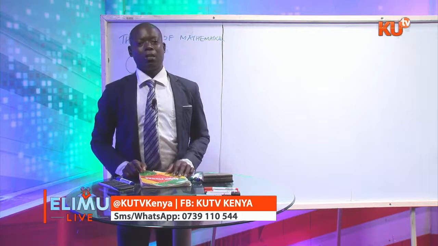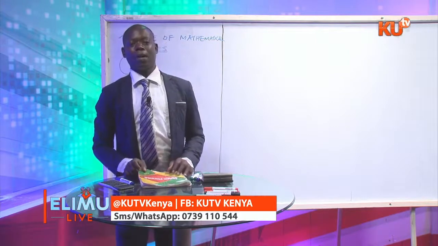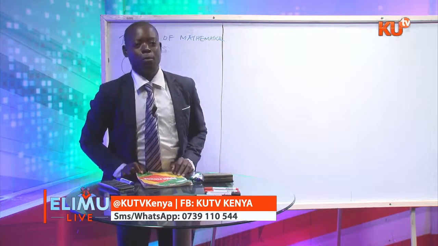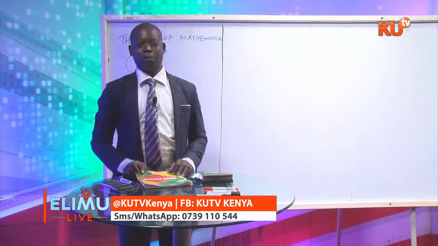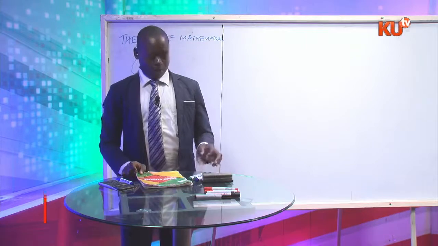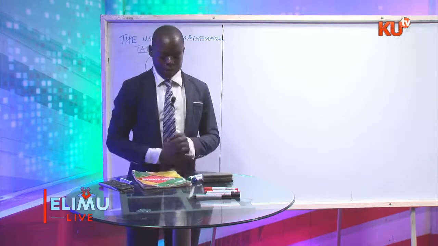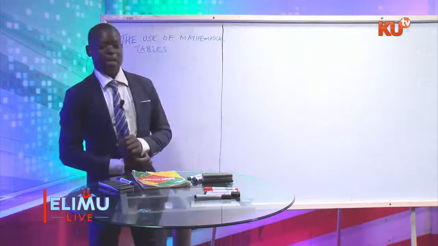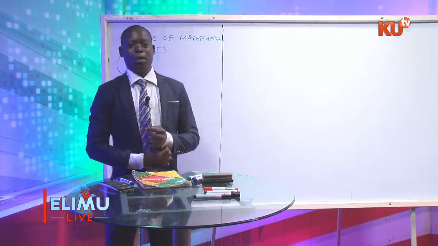And lastly, we shall look at a few areas covered in topic 3, Form 2, that is logarithms. Having said that, I believe you have now found where your table was, and we are ready to discuss the use of mathematical tables.